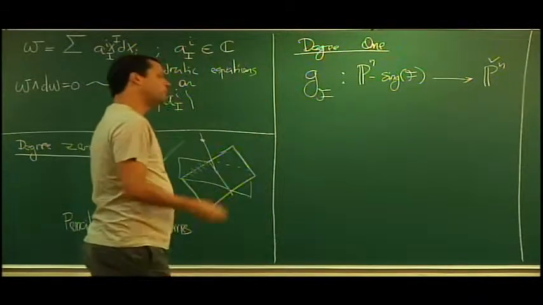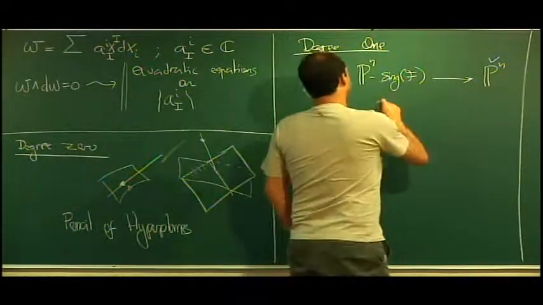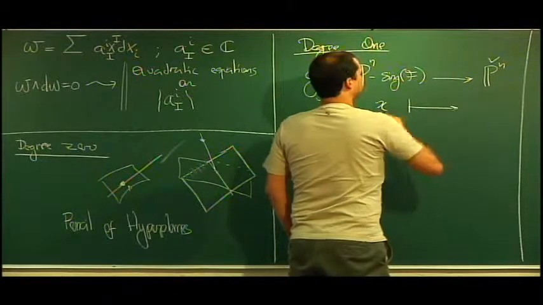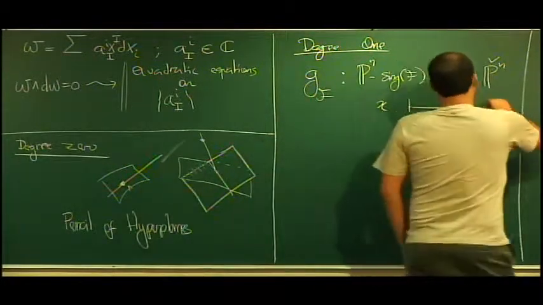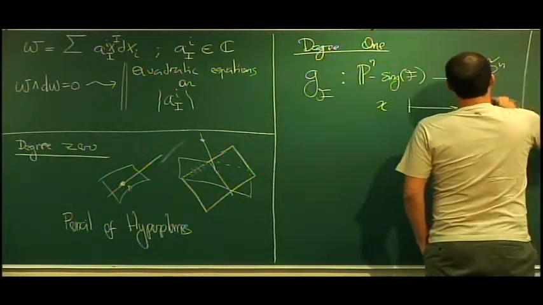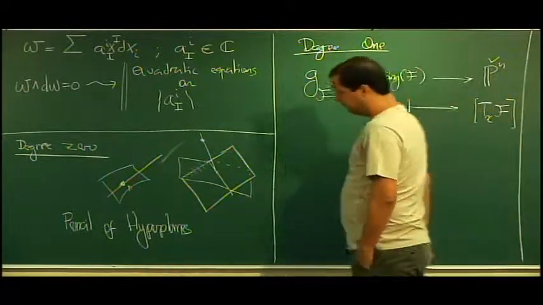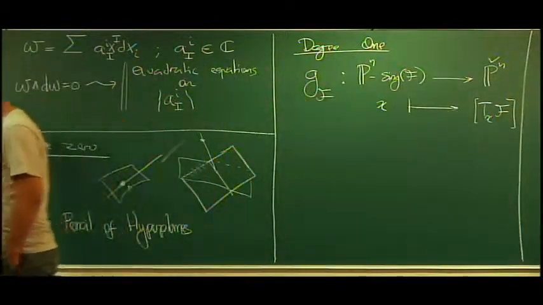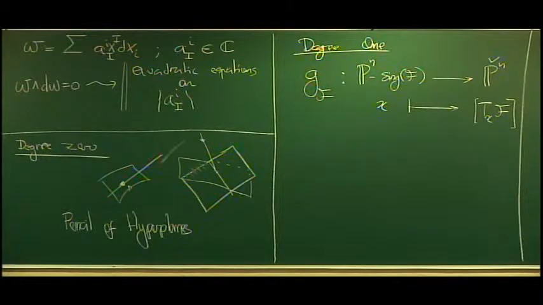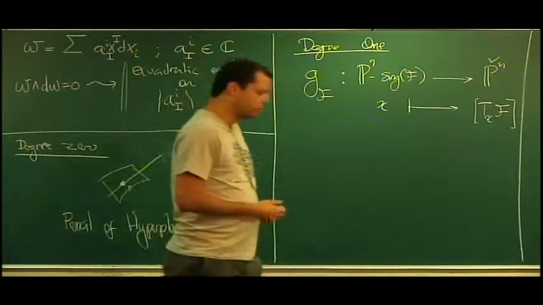So I take a smooth point of our foliation, and map it to the tangent hyperplane. And of course, we have two possible behaviors. Either this map is dominant, has dense image, or not.